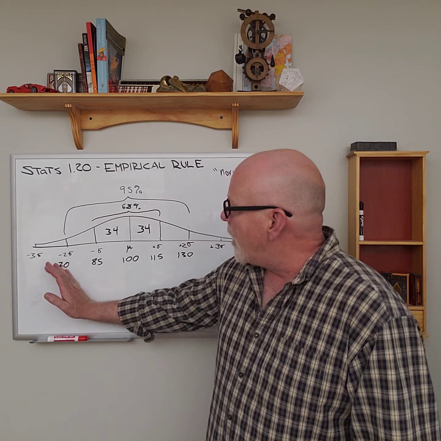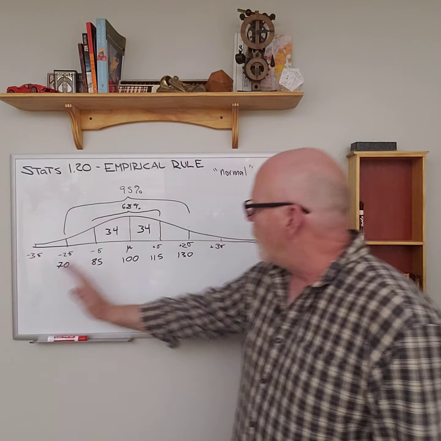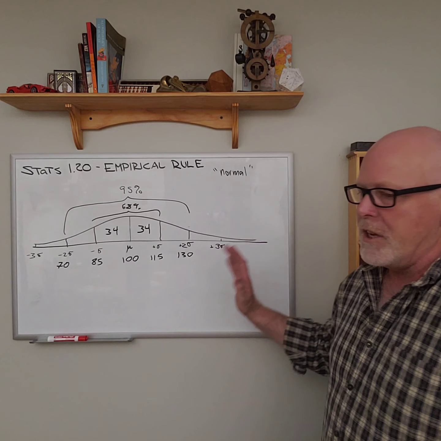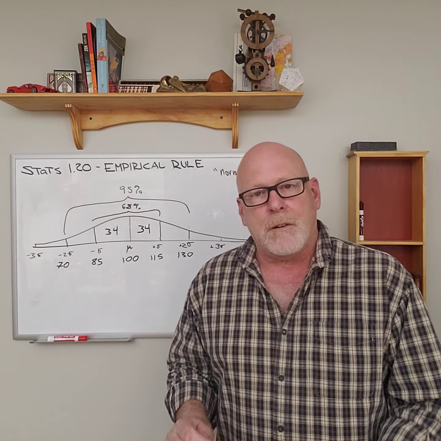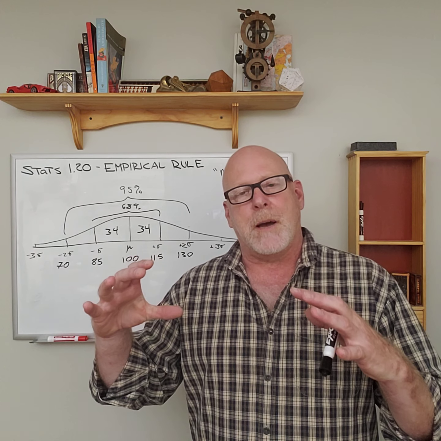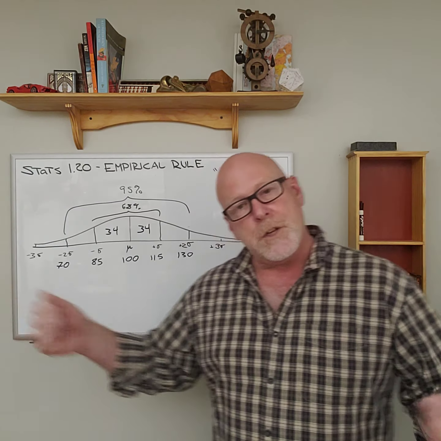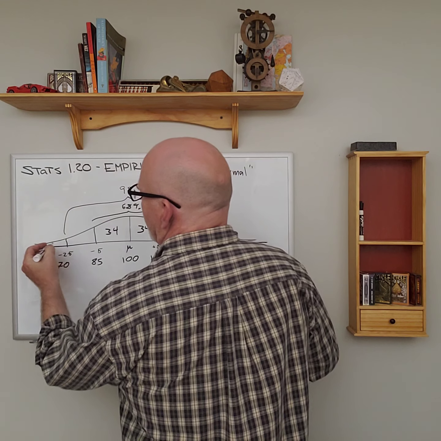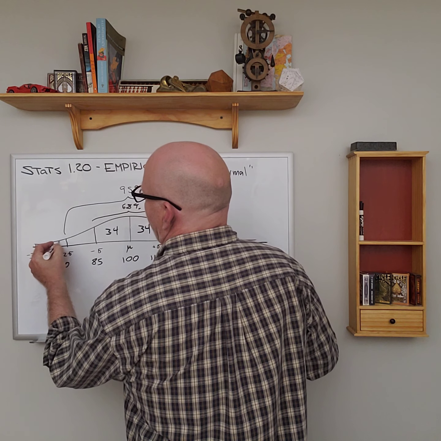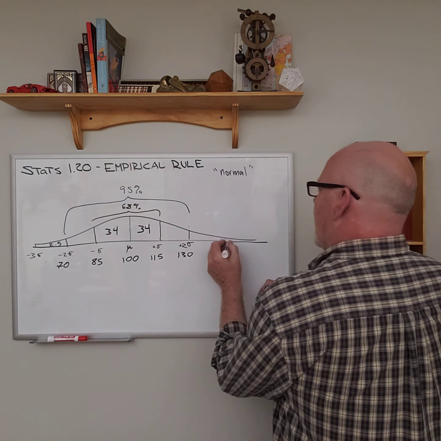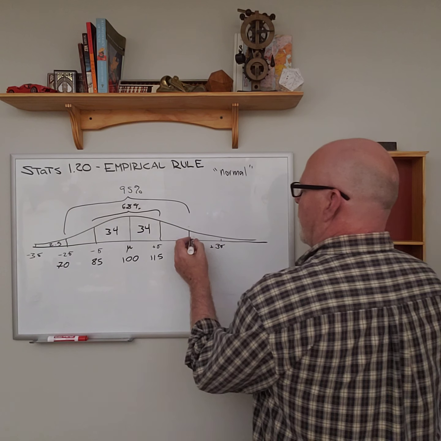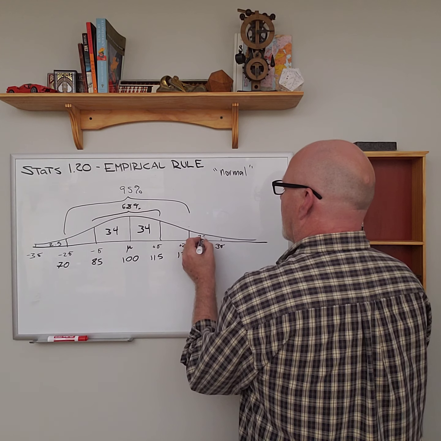But 70 is the cutoff for certain diagnosis, 130 the cutoff for the other. And that leaves 95% of the population in the middle, right? Only 5% fall outside of those, which would be 2.5% on each end. So we got 2.5% down here and 2.5% up here.